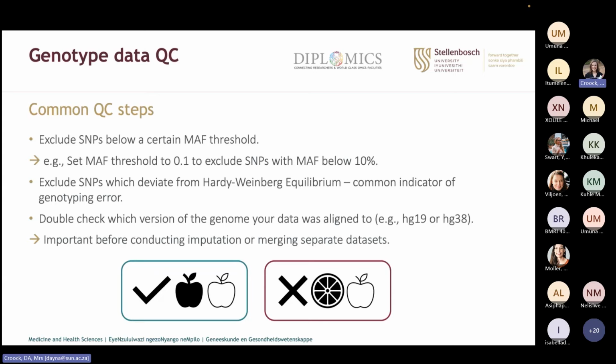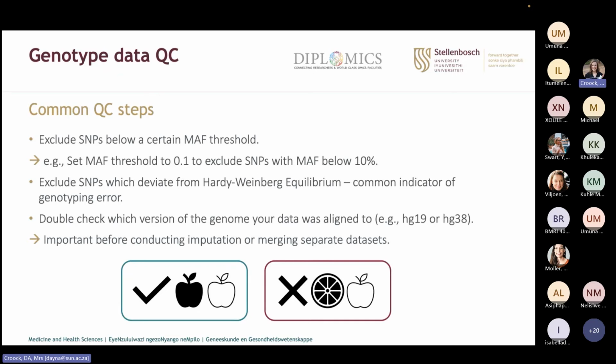In our cohorts, in what we're going to work through in our demonstration now, we use a threshold of p equal to 10 to the minus 5. So that's 0.00001.